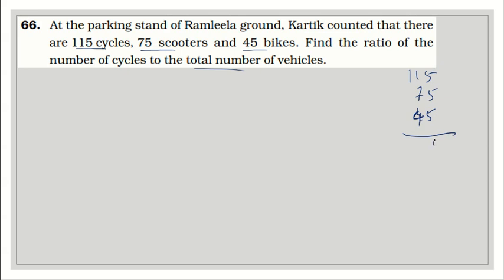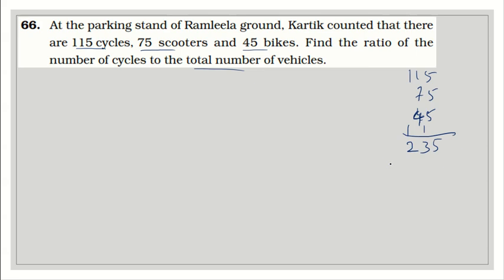So 5 plus 5 plus 5 is 15, 1 carry, 1 plus 7 plus 4 plus 1 is 13, 1 carry, and 1 plus 1 is 2, so 235 vehicles are there.